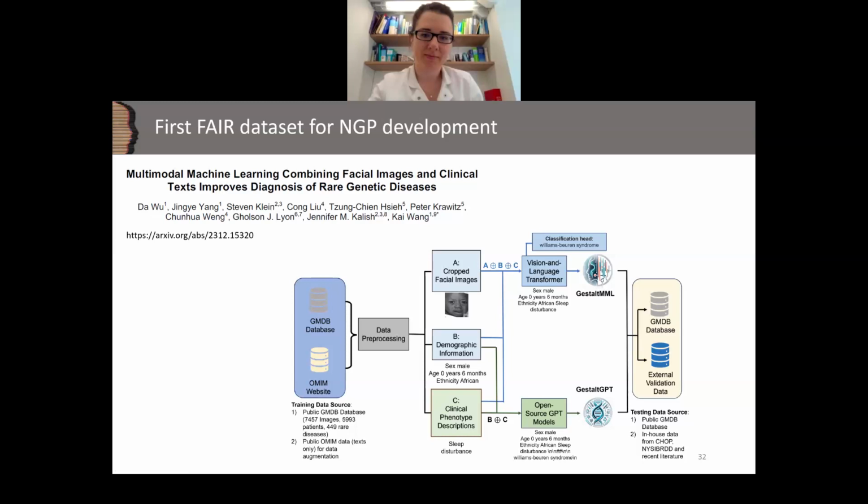It means that you can just open ChatGPT, upload a photo, and write down some clinical features, and then you will get the diagnosis. This is the first application that can integrate the facial photo together with the clinical text. We envision this can be very impactful in the future.